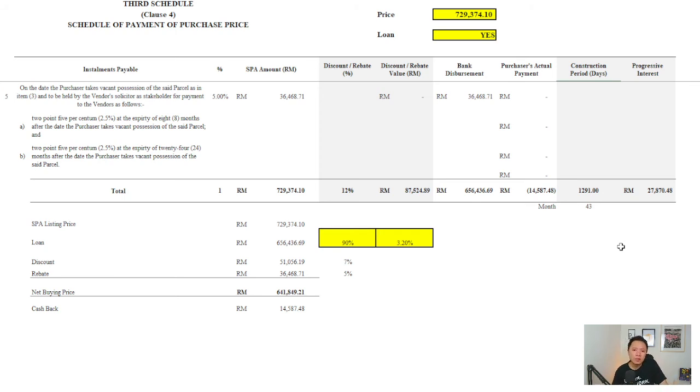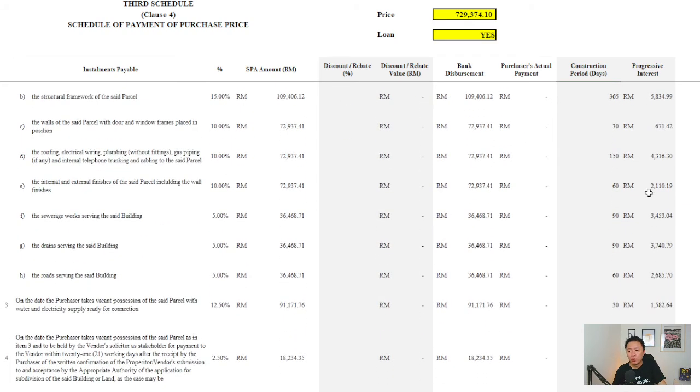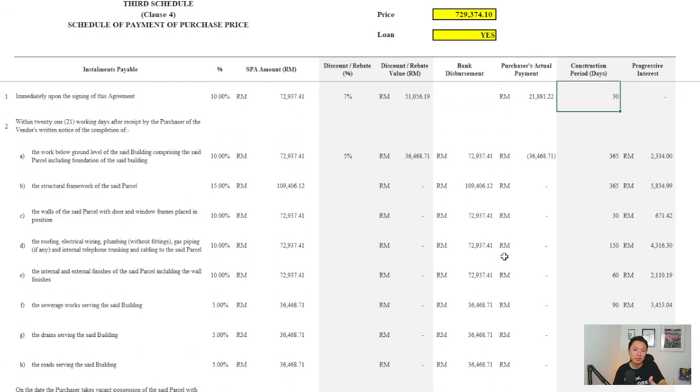Even if the price is a little bit higher, it can still justify this, but it really depends. Some people like this kind of arrangement because you are paying the interest over a 4 year period. Whereas if you're buying sub sale, you don't get this, but you have to pay more upfront.